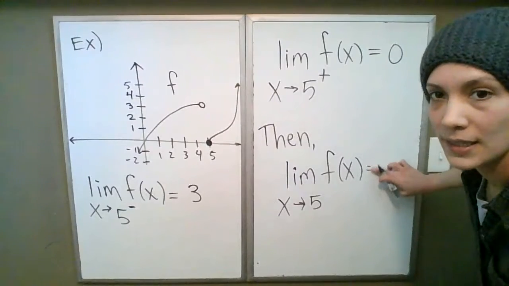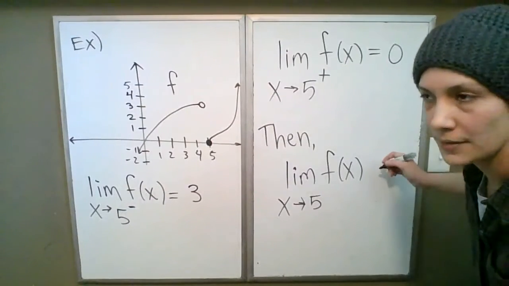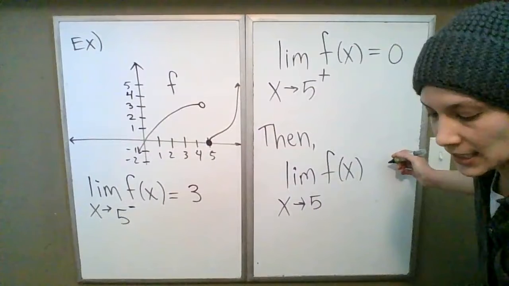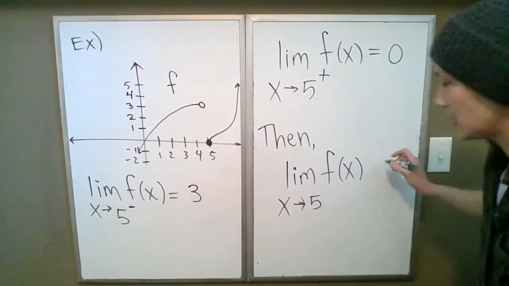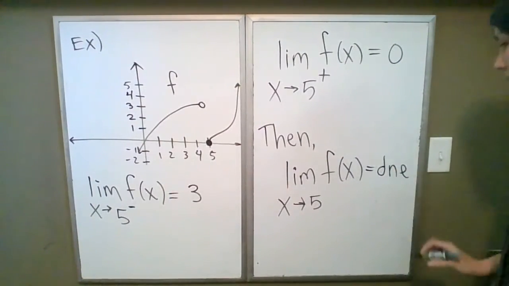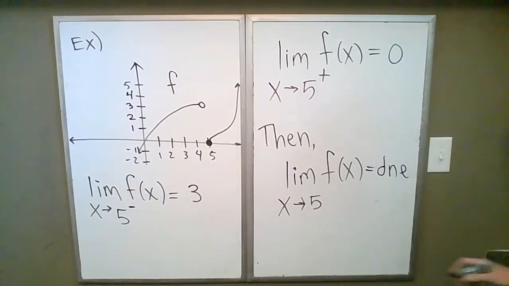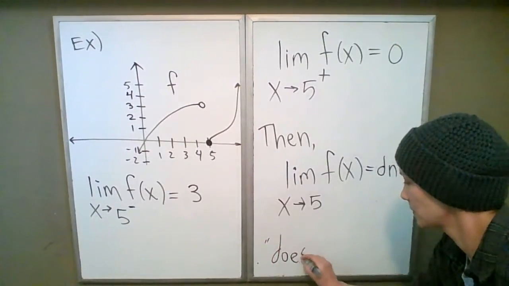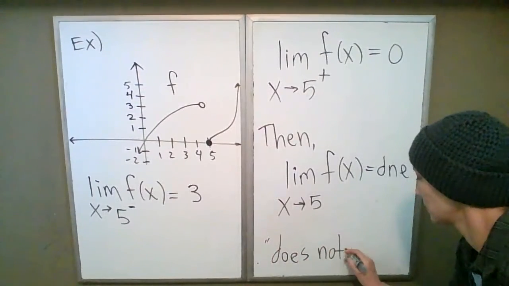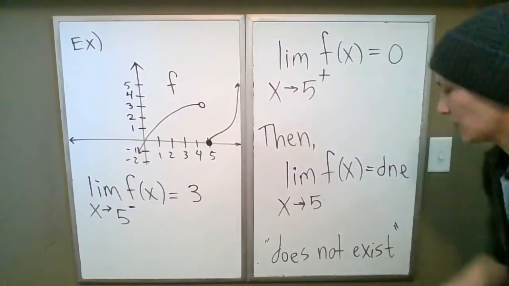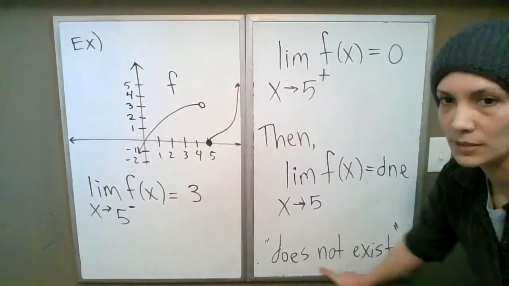I write DNE, and other teachers use the same thing. It stands for does not exist. Or you can write this all down if you want to, does not exist.